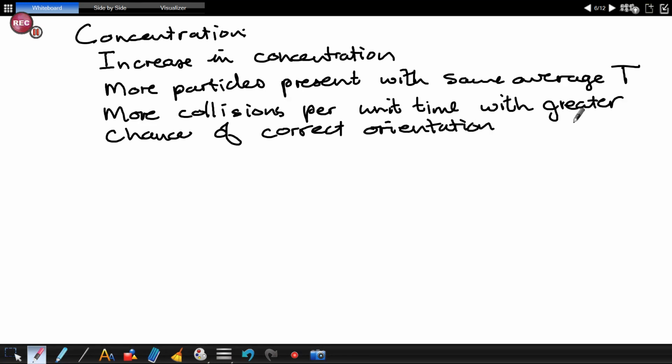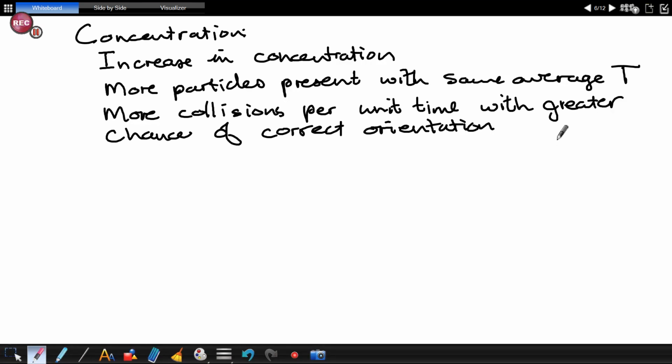This thing with the correct orientation is creeping in over the past two years, where they want you to stress that there will be more collisions with the right orientation.